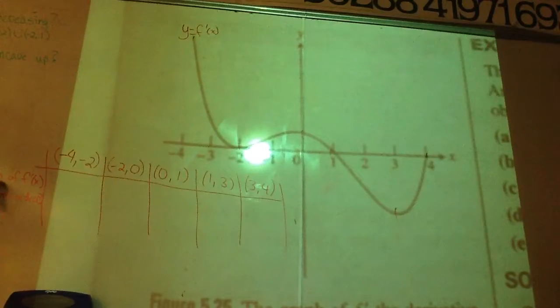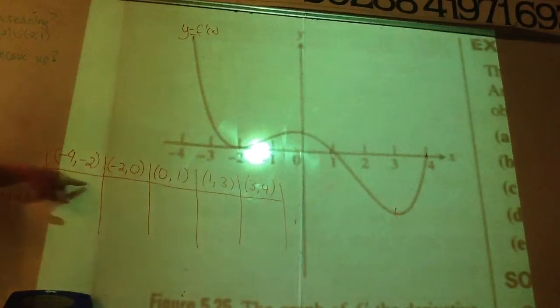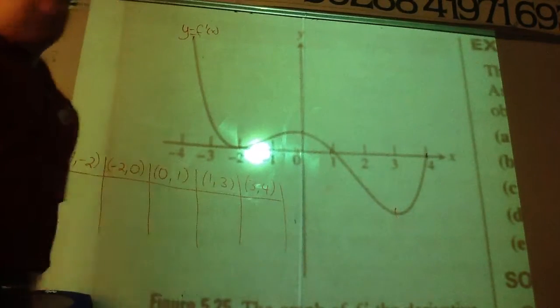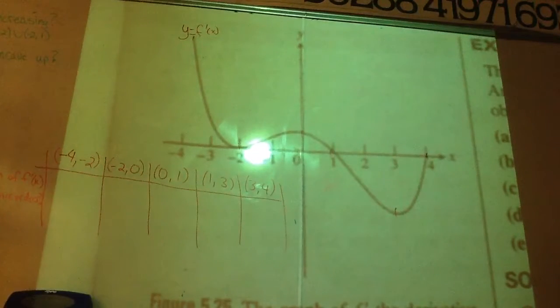What is the sign of the derivative on this interval, this interval, this interval, this interval, this interval? From -4 to -2, positive or negative? When you're looking at the derivative, positive is above 0, negative is below 0.